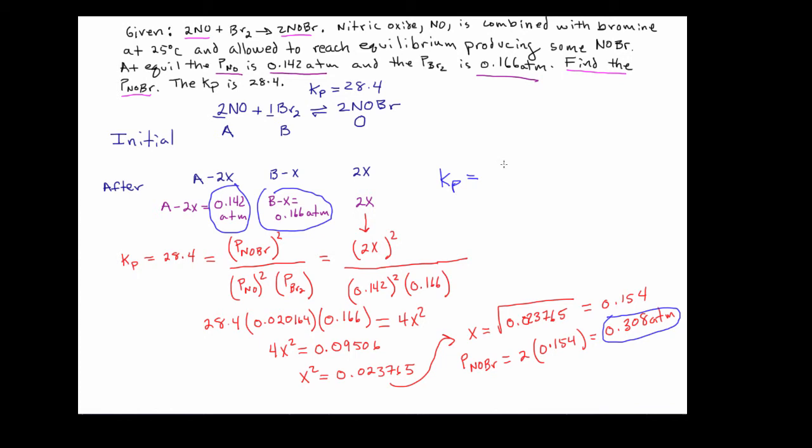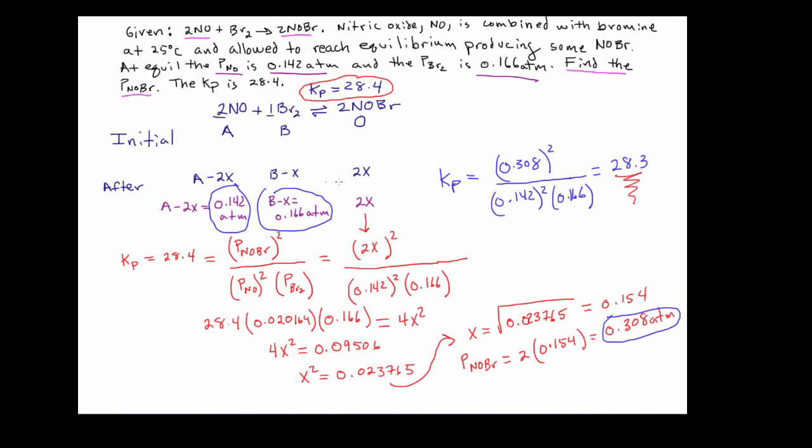So Kp is going to equal 0.308 quantity squared over 0.142 quantity squared times 0.166 quantity raised to the first power, and when I run this I get 28.3.